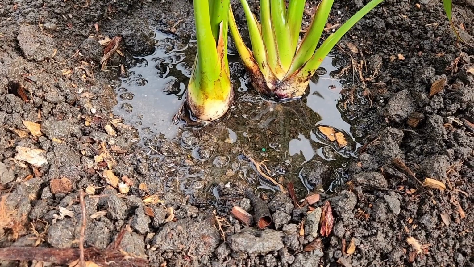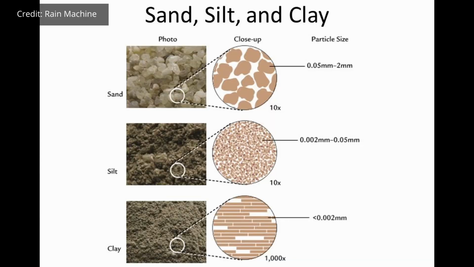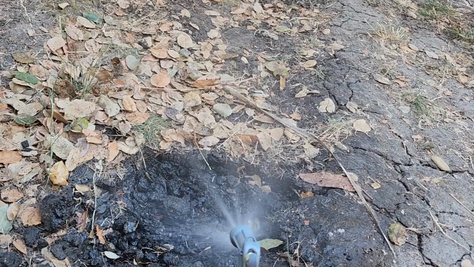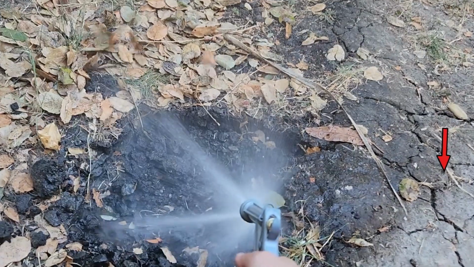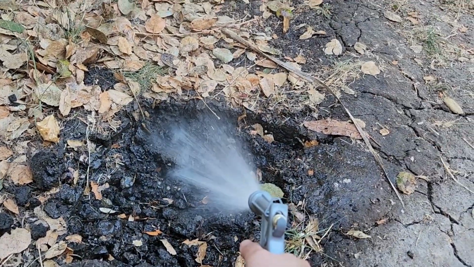A soil that has coarser particles, like a sandy soil, lets water through a lot more quickly, so it will have a faster infiltration rate, whereas a soil with fine texture, like a clay soil, will have a slower infiltration rate. If the soil is bare on the surface, it may form a crust as irrigation water and rain droplets splash on the surface.